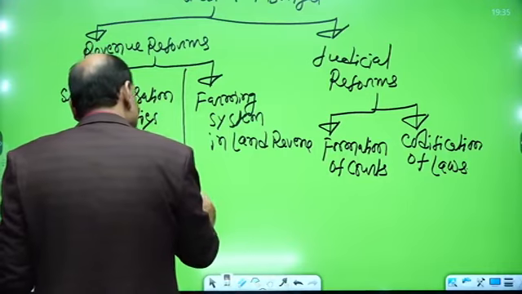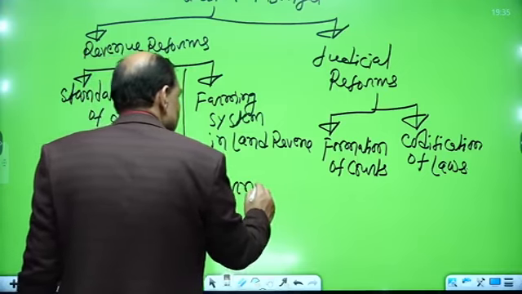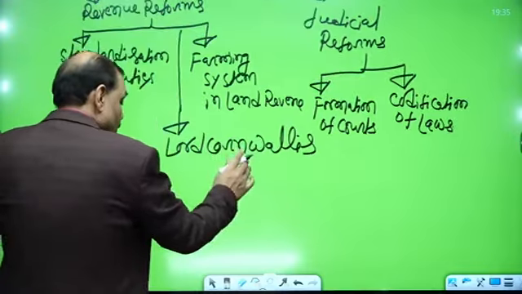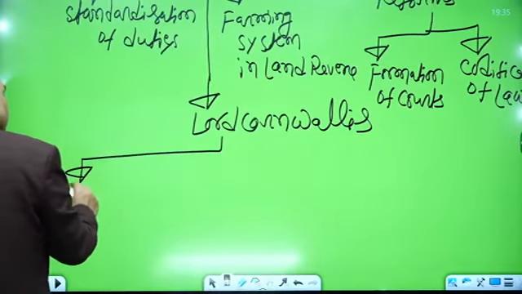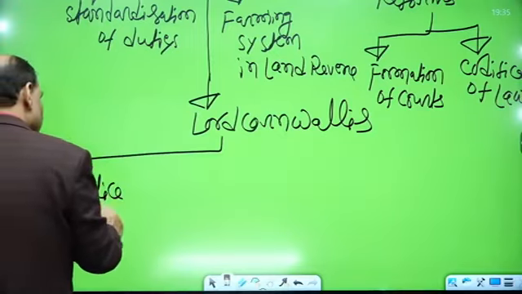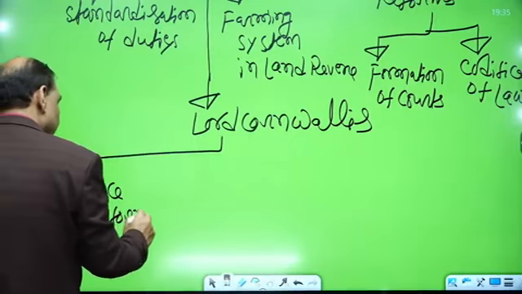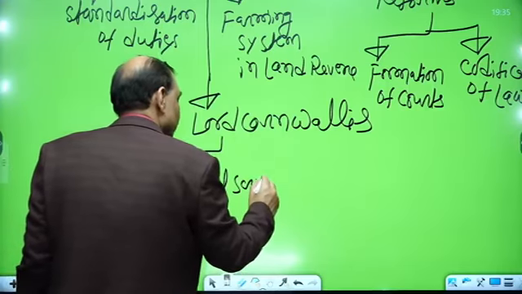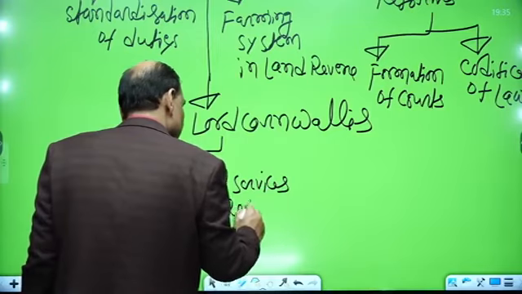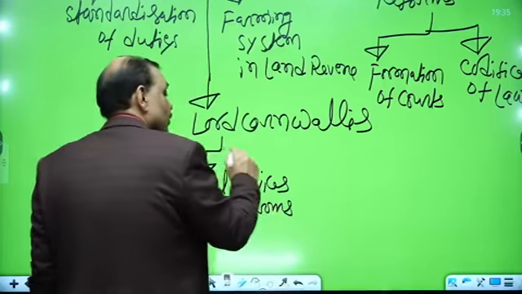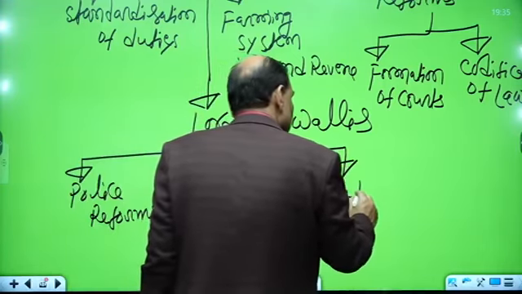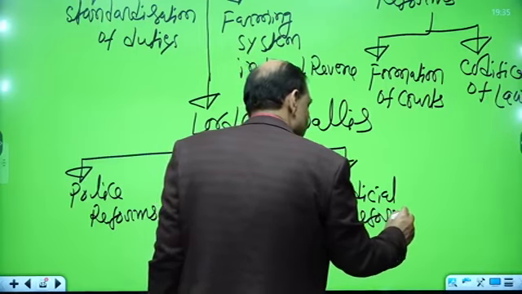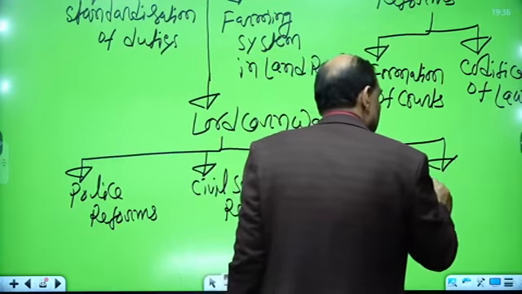Then Lord Cornwallis: police reforms, civil services reforms, judiciary reforms, and land revenue system.